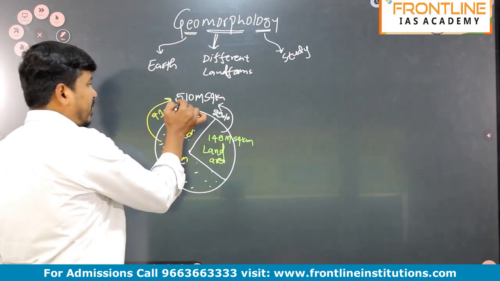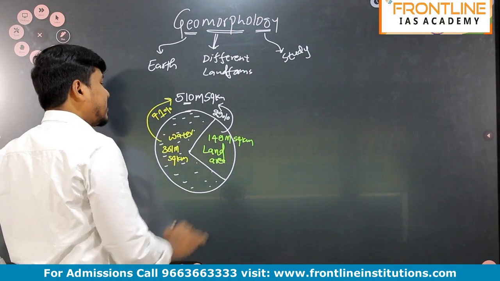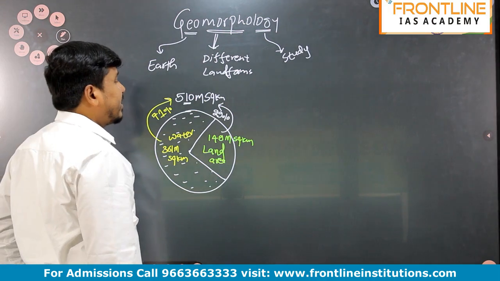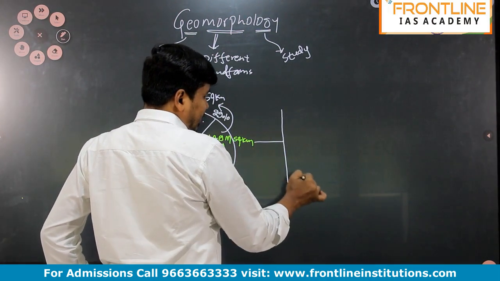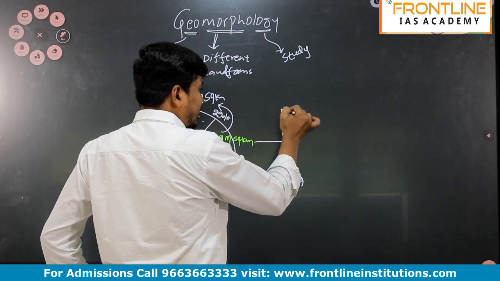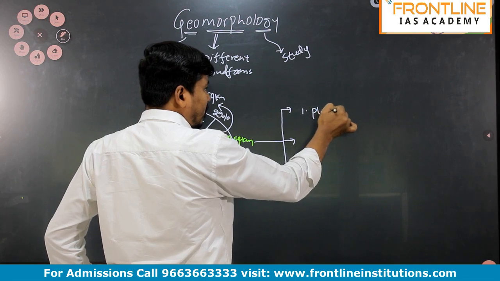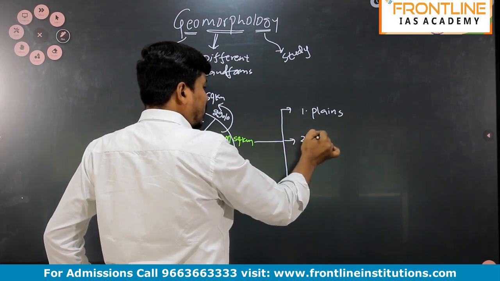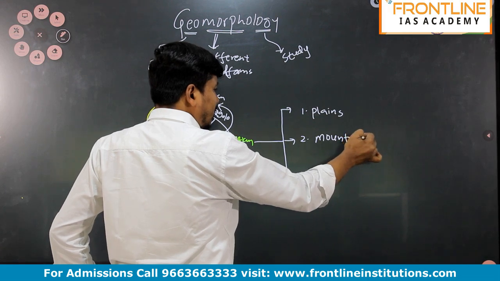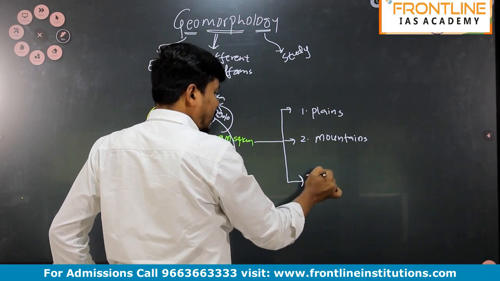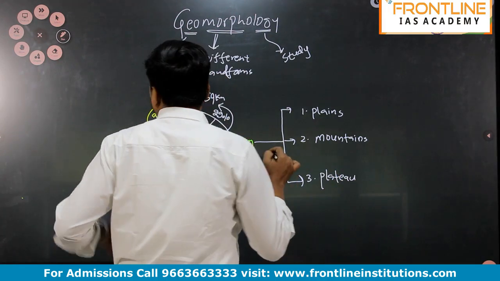Out of the total area, water is 71%, and land area is 149 million square kilometers. And this land area is further classified into three major landforms. One is plains, second one is mountains, third one is plateau.